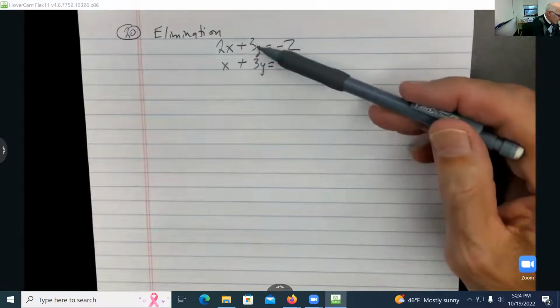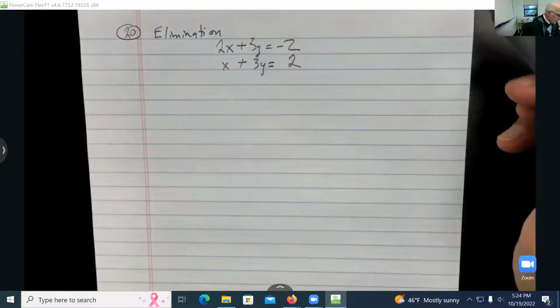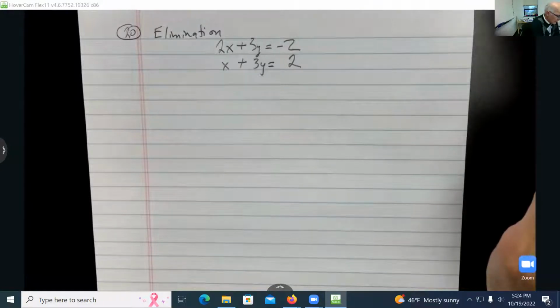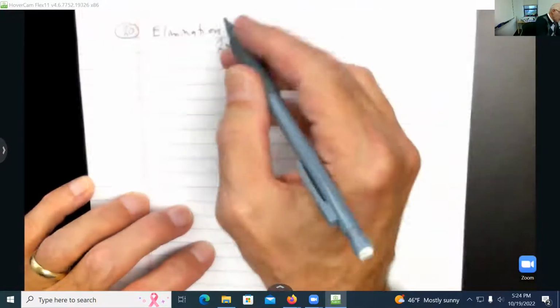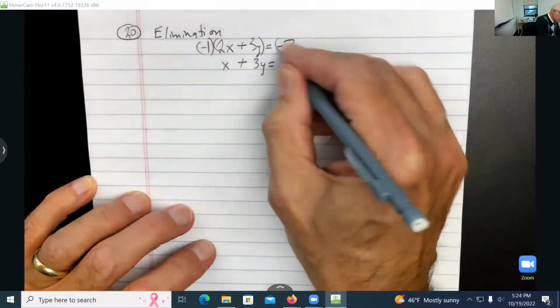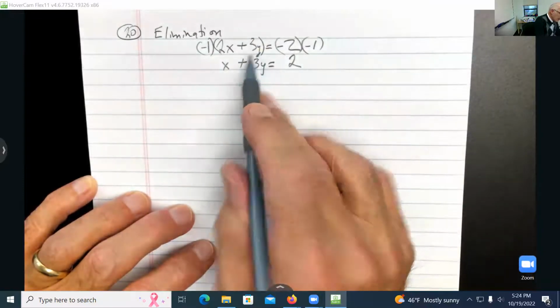This has good potential for eliminating y. I have found over my many years of teaching that the students usually do better if they add the equations. Always add the equations. If you have success subtracting, you may do that. So I'm simply going to multiply this top equation by -1 on both sides, and that's going to turn it to a -3y.